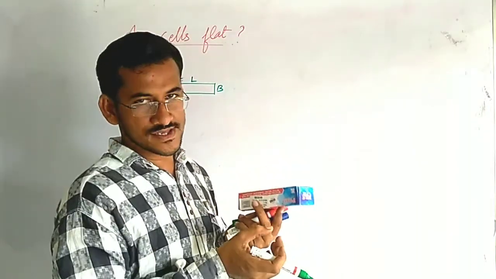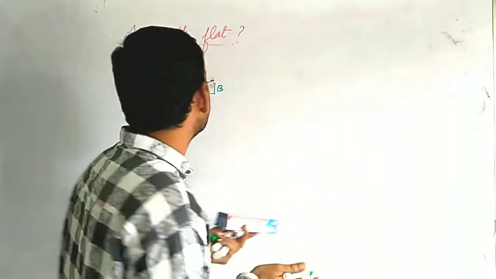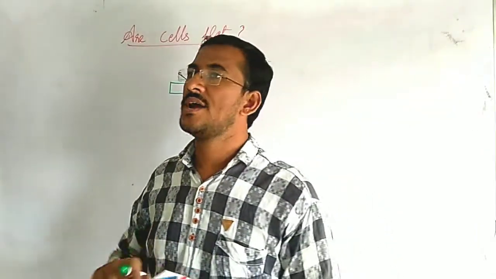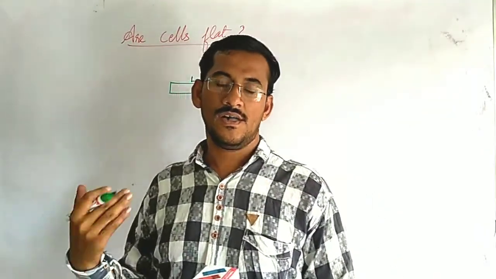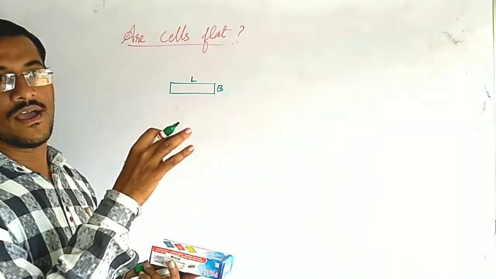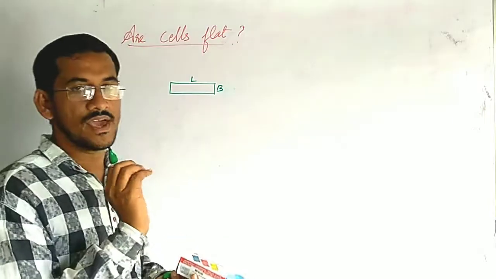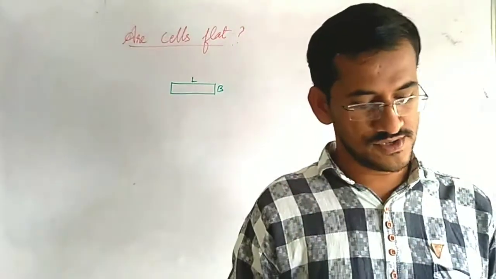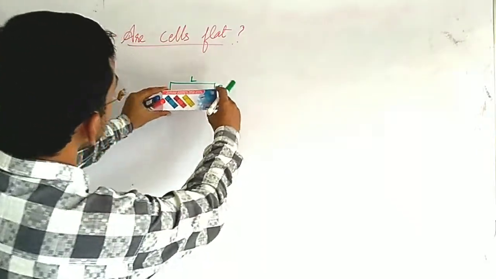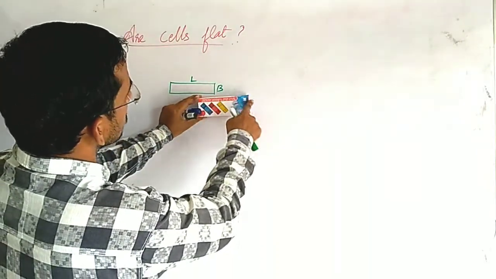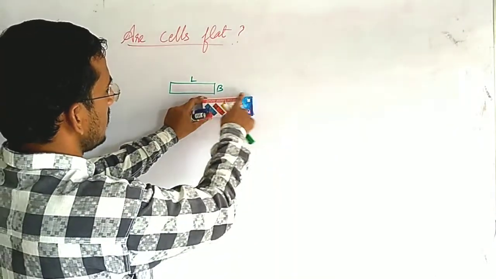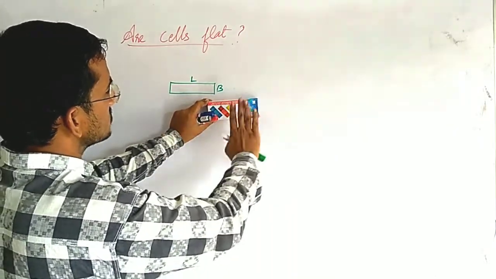It has some thickness. So cells are not at all flat, but in the textbooks, cells look flat, and they are not at all flat. They are three-dimensional. For example, if you see the box like this, you can see only length and breadth, only two dimensions, and you think this box is flat.